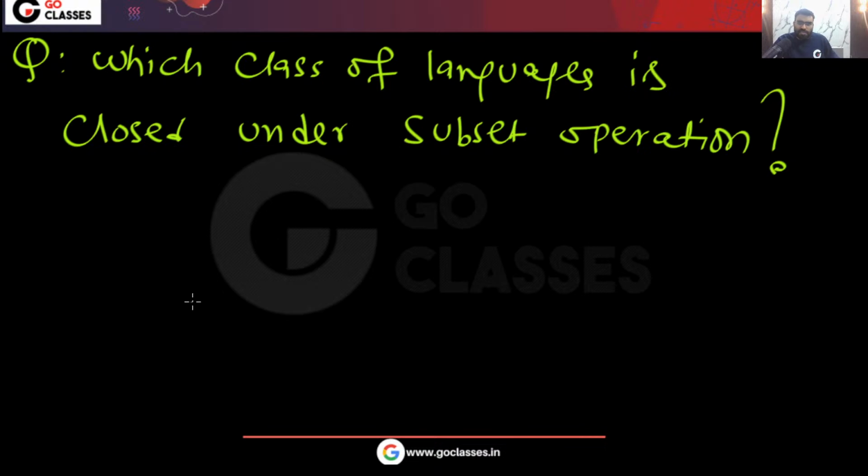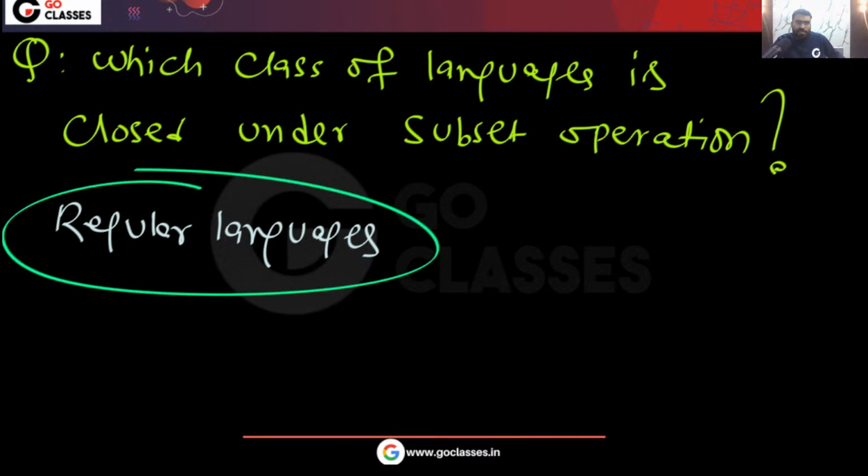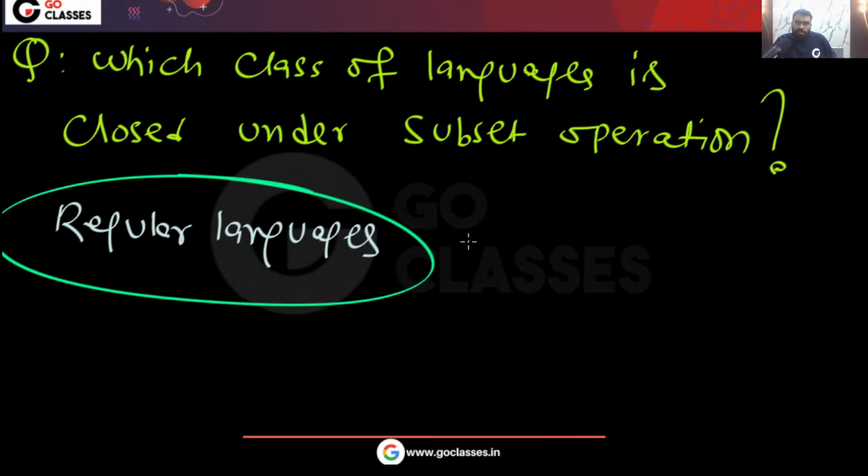Can I say regular languages are closed under subset operation? No, of course not. For example, take the same example, L1 equal to sigma star.